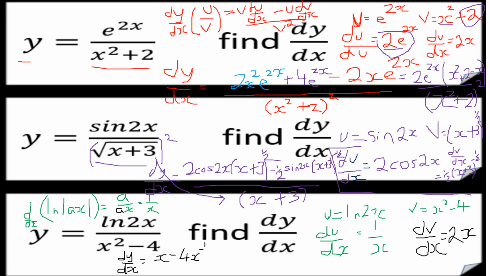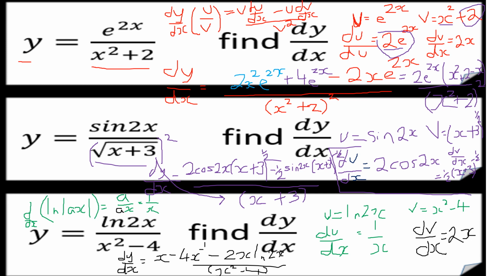And then subtract u dv dx, so it'll be 2x natural log 2x, and then all over v squared, so all over x squared minus 4 all squared.